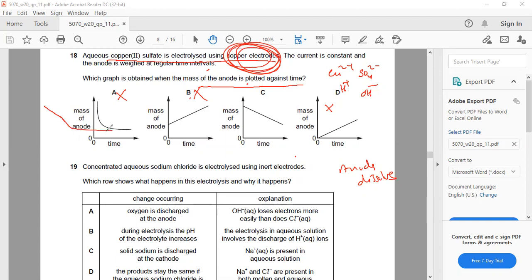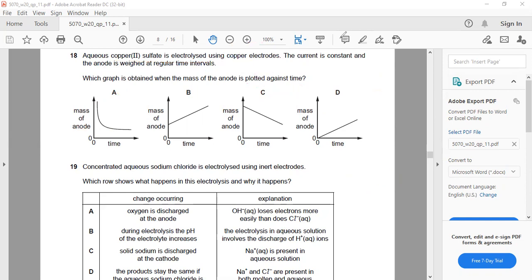It doesn't become constant. The mass decreases continuously. So A is wrong, C is the answer. B and D are 100% wrong because during electrolysis of copper sulfate using copper electrodes, you have to recall that the copper anode dissolves, so the mass decreases. Why not this one?